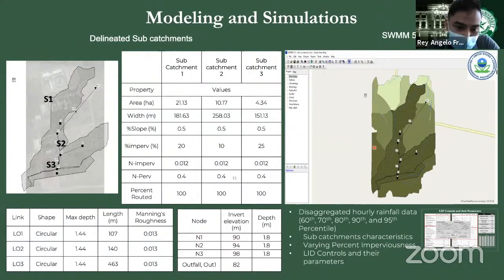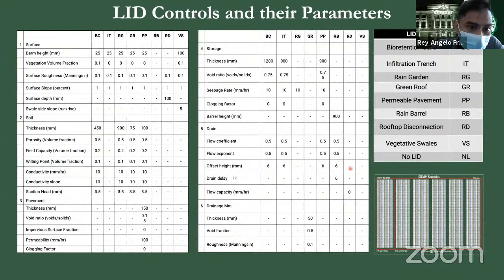Okay, so for the modeling and simulations, we actually use the stormwater management model. It is a hydrologic model to analyze the water quantity and water quality of an area. So these are the parameters of the subcatchments, and these are all the LID technologies that were used in SWMM: the bioretention cell, infiltration trench, rain garden, green roof, permeable pavement, rain barrel, rooftop disconnection, and vegetative swales.